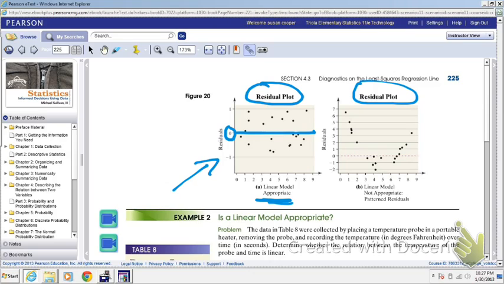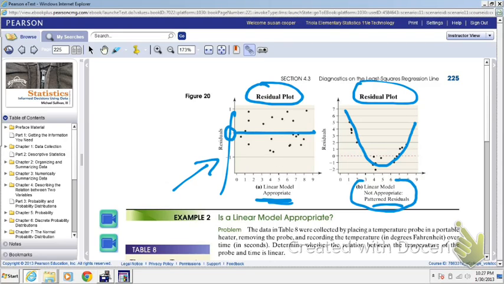And basically, you have sort of evenly dispersed, patternless dots above and below the zero line. But here, this is not patternless. You sort of have this U shape. So what we say is, if that is the look of the residual plot, then the linear model is not appropriate. You have patterned residuals. Now you may be saying, all right, how am I going to make this residual plot? Don't worry about that. We'll deal with that in a moment.